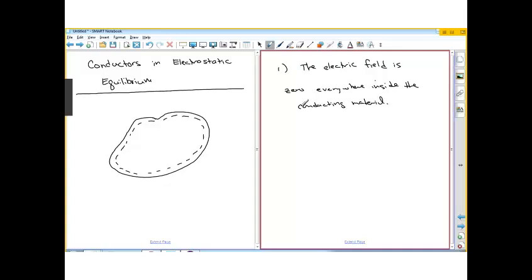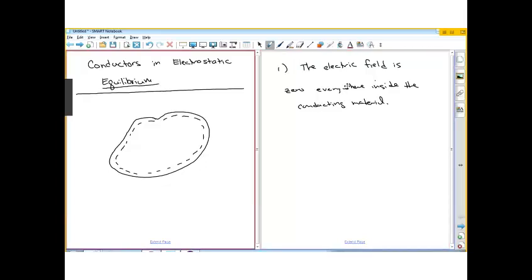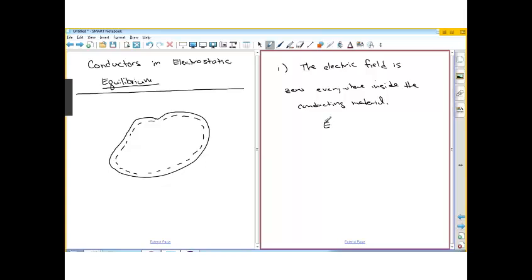Why is that the case? Well, it has to do with equilibrium. If there was an electric field at all, the electric field is defined as force per unit charge. So if there's an electric field, there's a force. If there's a force, then there's going to be movement of the electrons.